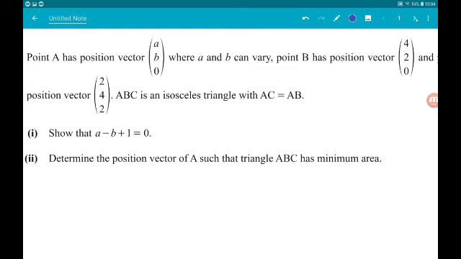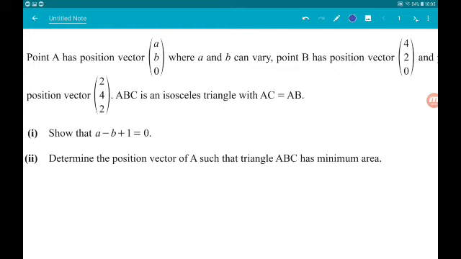Okay, question 10, 10 marks, vectors and calculus. Good times. Point A has position vector (a, b, 0), where a and b can vary. Point B has position vector (4, 2, 0), and C is (2, 4, 2).